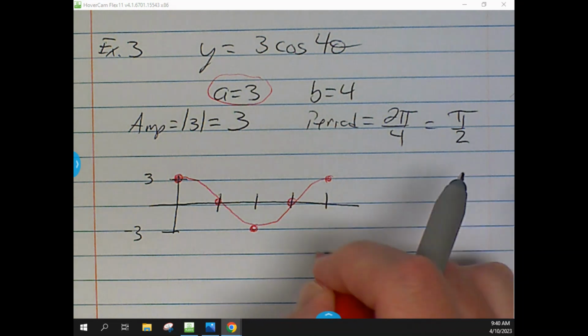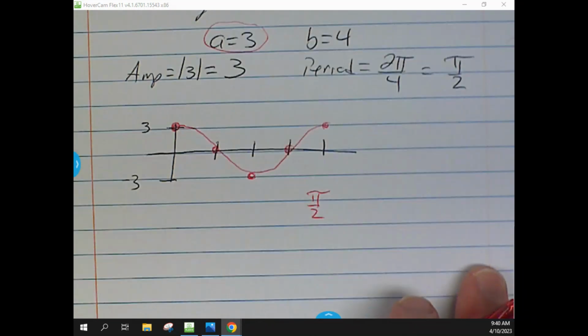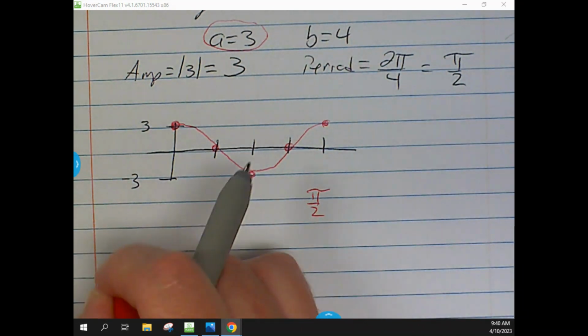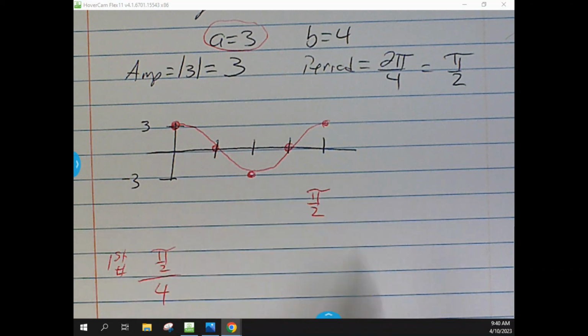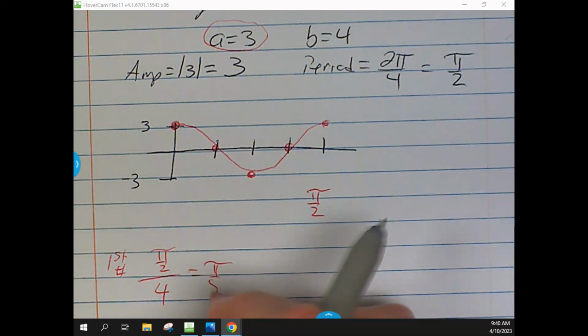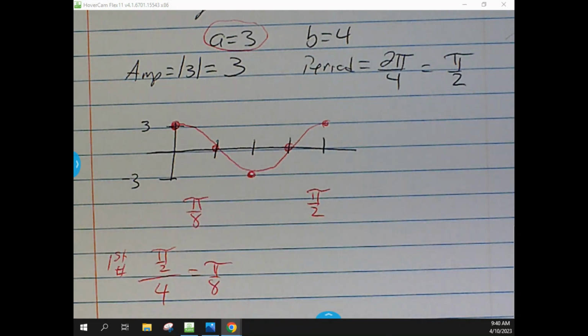All right, this thing ends at pi over 2. And again, to get the first number, it's pi over 2 divided by 4. So we'll multiply those two things together. So that's pi over 8. Again, technically that's 1 pi over 8 because it's the first number.